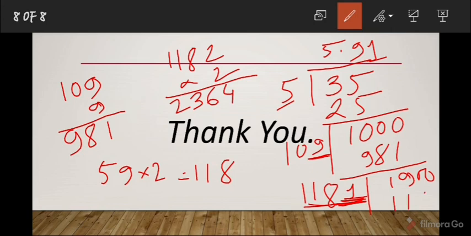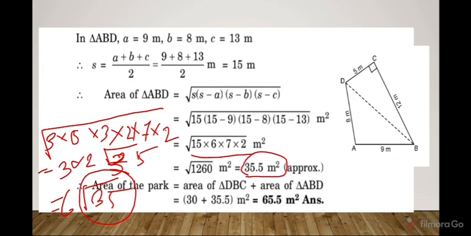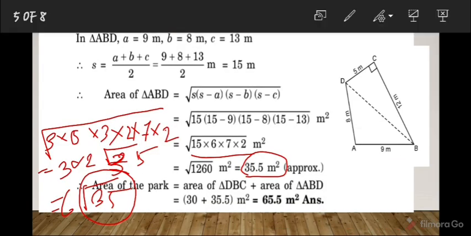So again put 1181 and do the calculation. In this way you have to continue it. So as you can see, up to 2 decimal places, the value of root 35 will be 5.91. Okay, got it? Now just go to that slide. Okay, you got the root 35 as 5.91.